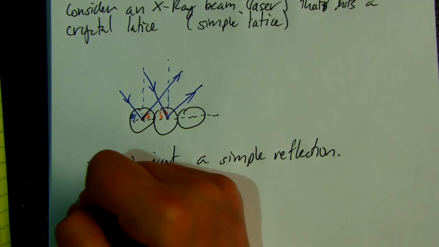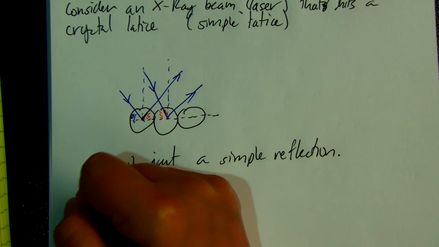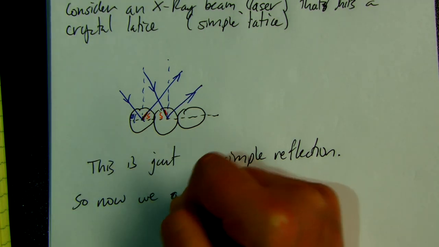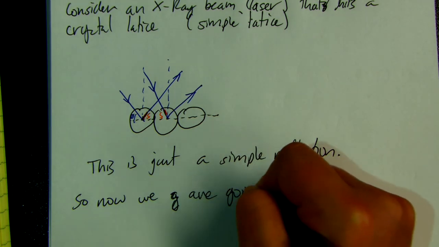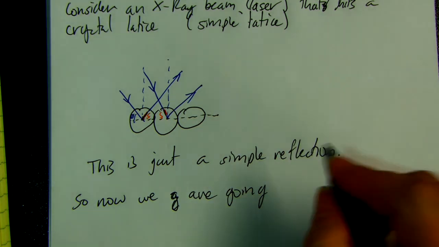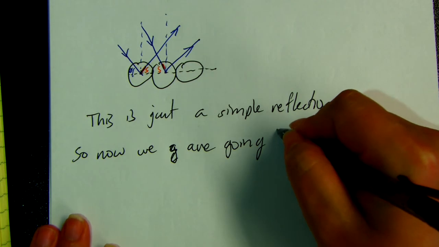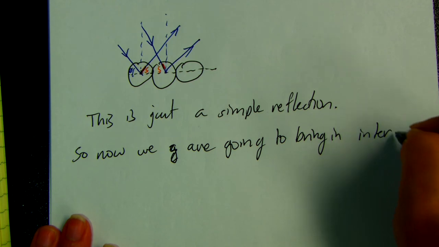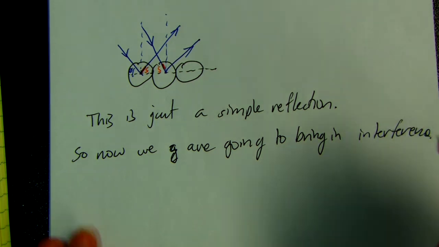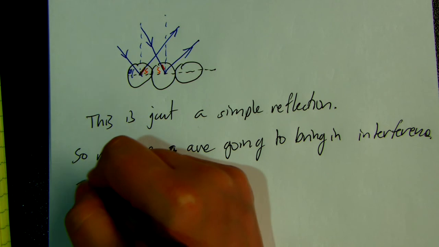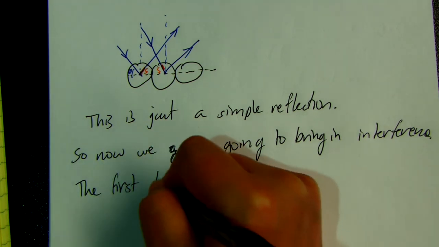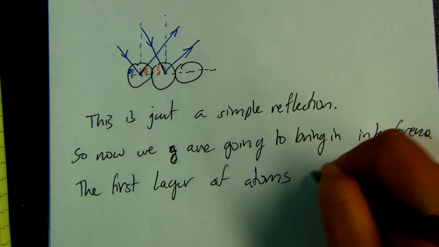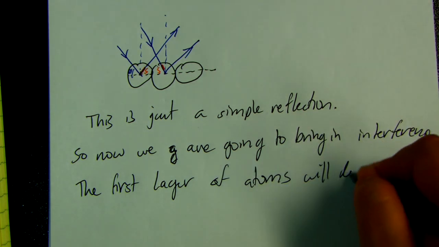To bring in interference, we need to go a little bit deeper into the crystal. So the first layer of atoms will look like our picture.